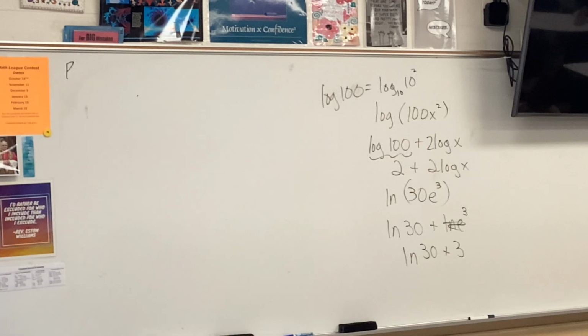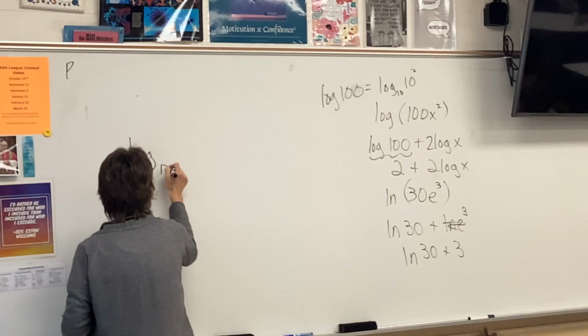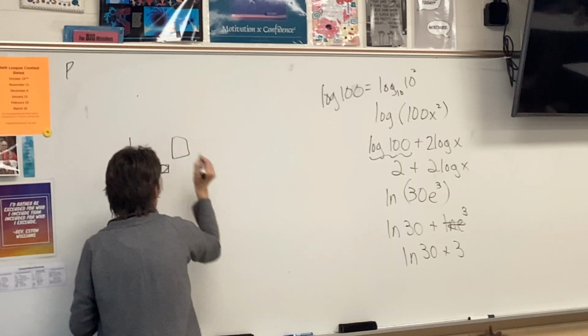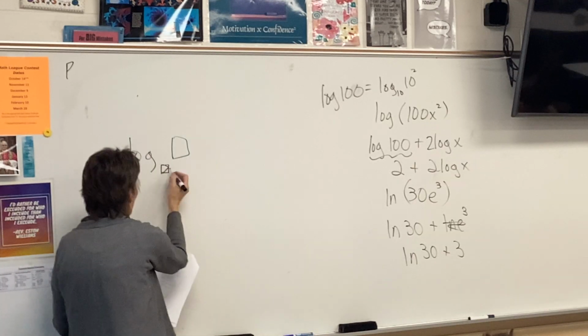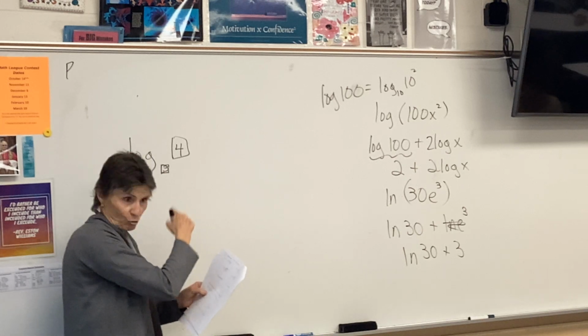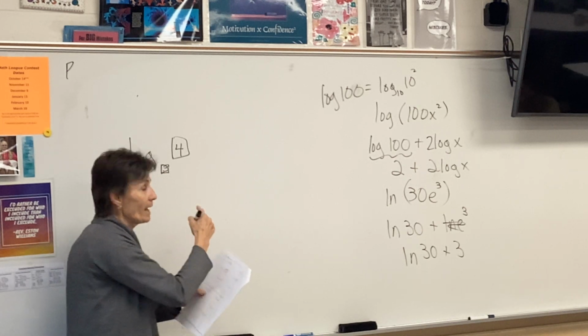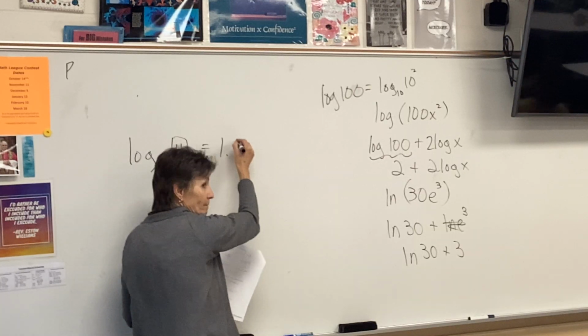Now, I cannot find that because my calculator does not have that. And it's okay. We're gonna do both kinds. If your calculator has log base, when you press that button, it throws up a couple of boxes for you to fill in, doesn't it? And so when the directions say, find the log base 3 of 4, you just fill in the 3 and the 4, and it gives you the answer, which is 1.26.